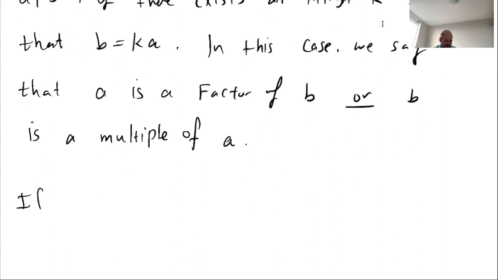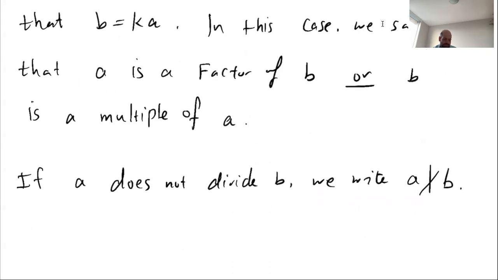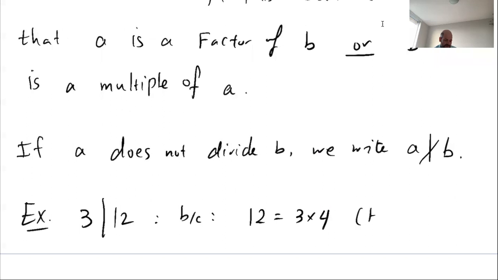So if A does not divide B, we write A does not divide B. Okay, so as an example, like I said, we can say 3 divides 12 because 12 can be written as 3 times 4, right? So here, k is equal to 4.